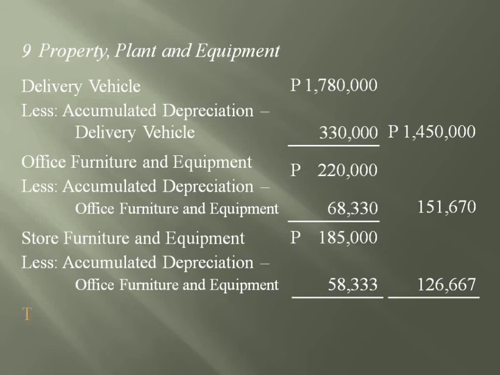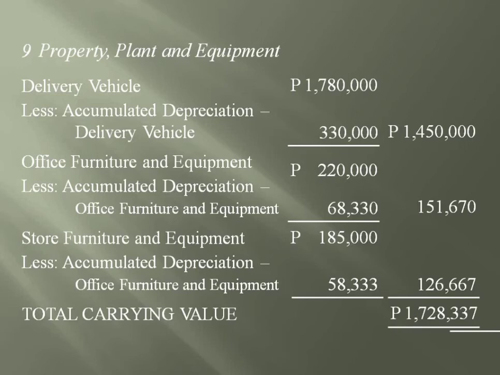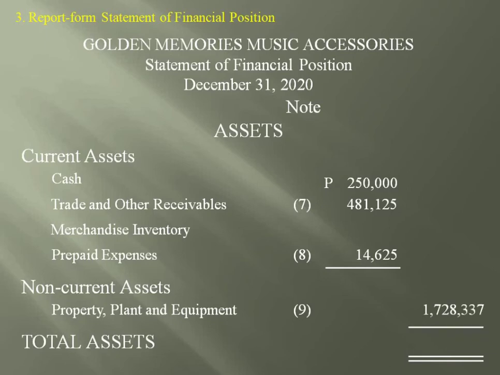Then the total to be forwarded to the statement of financial position. Please take note, this 1,728,337 is written not on this first money column, but immediately on the second money column, unlike the amount of each of these current asset captions, because this property, plant, and equipment is the only line item under non-current assets.